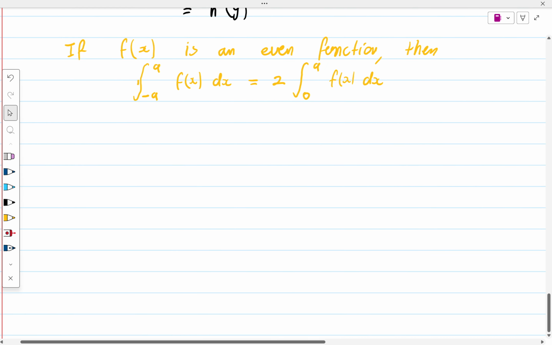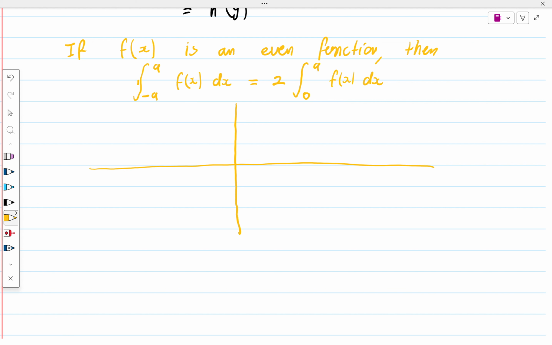Now, we can also visualize this in a similar way to before when we looked at the odd function. So again, imagine you have an even function that looks like this in the first quadrant. By definition of the fact that it is an even function, it needs to look like the mirror image on the opposite side.